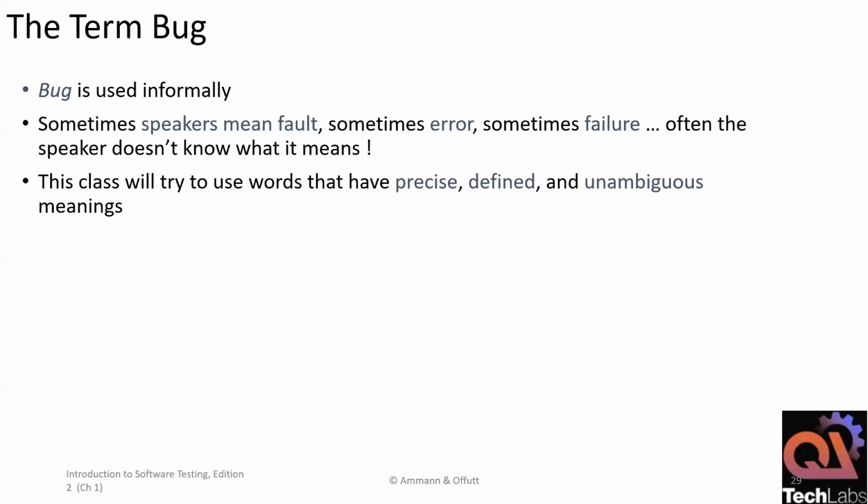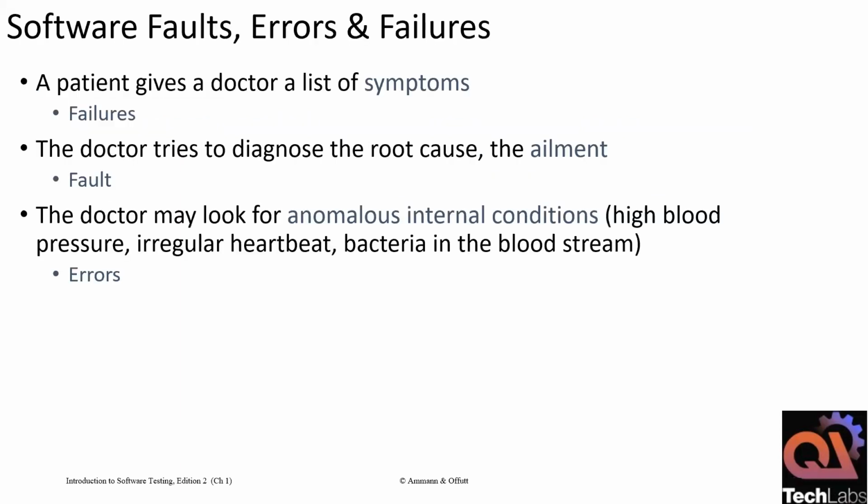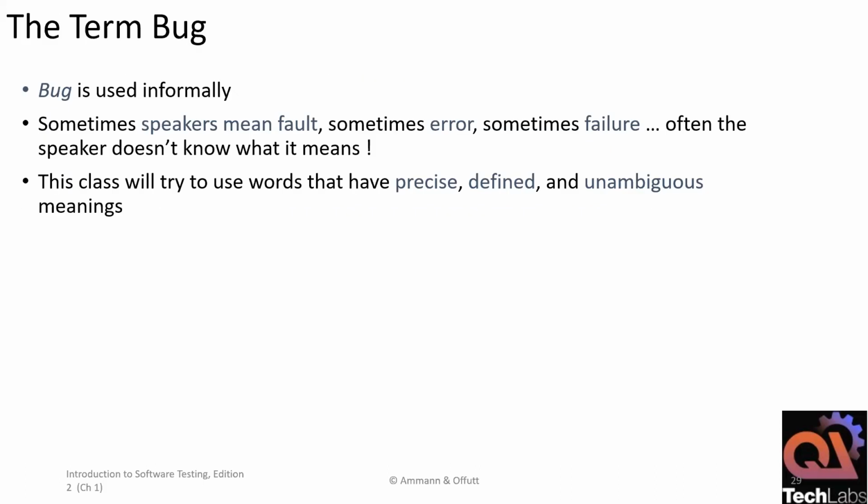You also will hear a lot of people calling it bug life cycle. Bug is equal to defect is equal to error. B-E-D, bed. Bug, error, defect, all three mean the same thing. Bug is used informally. Sometimes speakers mean fault, sometimes error, sometimes failure.